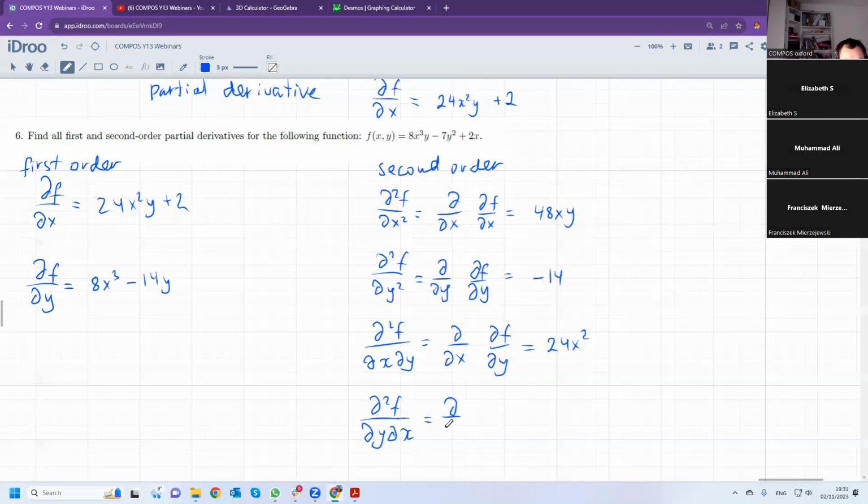And now we find d on dy of df dx, delta, not d, of course. That's 24x squared. So they have to be the same. They always are the same. So I've just shown that.